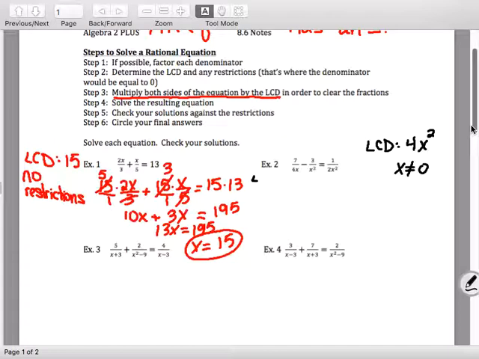So here we go. I'm going to take 4x squared, so step 3, multiply everything by the LCD. The purpose is to clear the fractions.